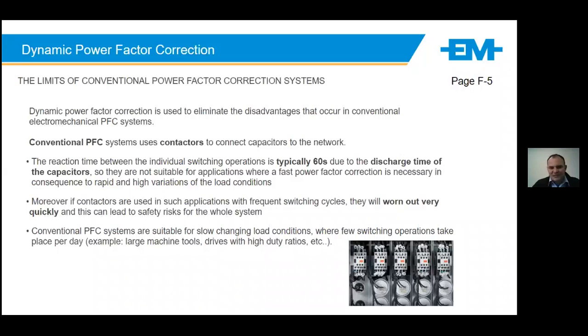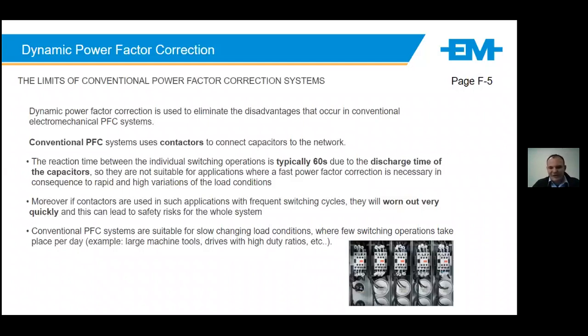So standard contactor-based switching is what we call for slow load changes, so large machine tools or drives and so forth. The example would be if you had a spot welding application, as the weld is being made for a few seconds, the power factor system would say, all right, I need so much reactive power availability or capacitance, and it would bring in the steps. By the time a normal system brought in those steps, that load would already be gone, and then applied again.